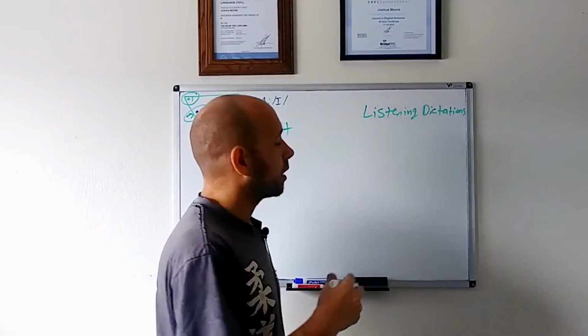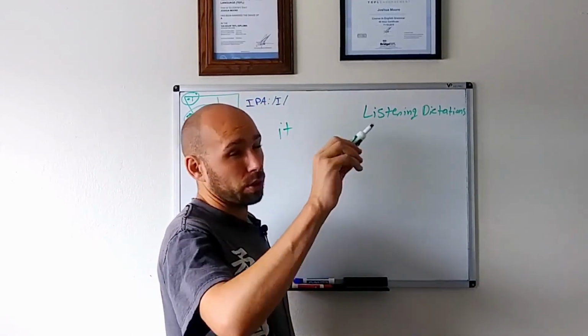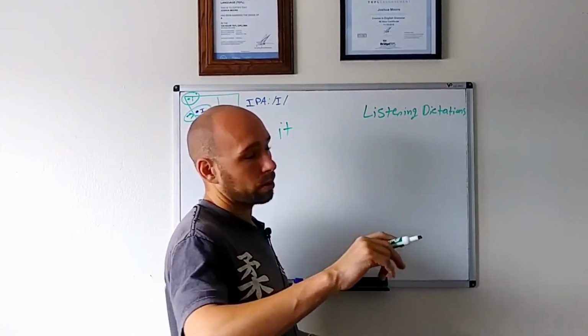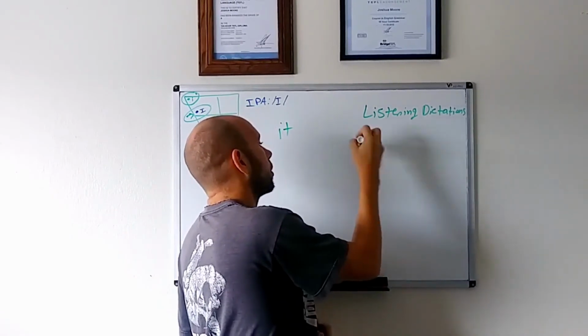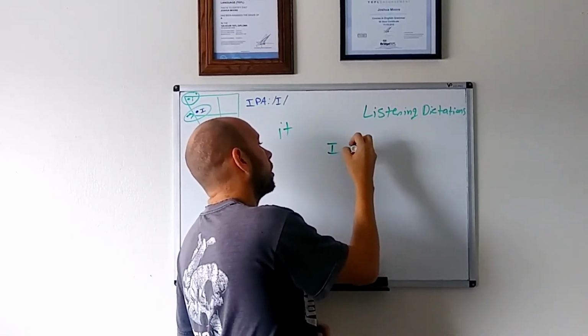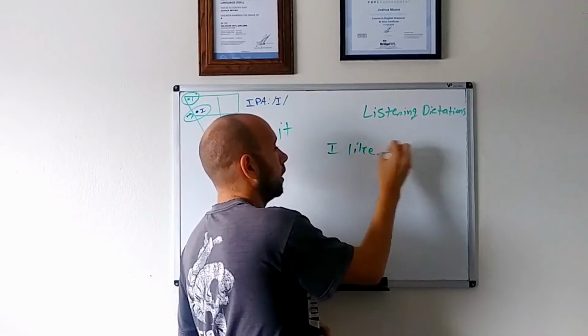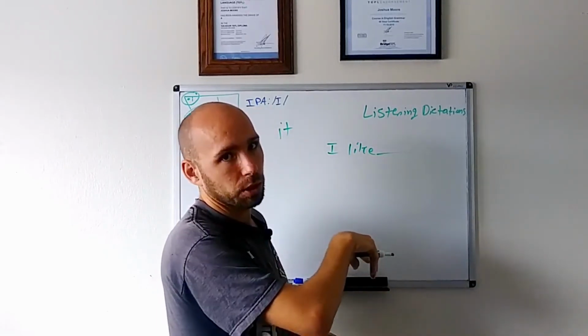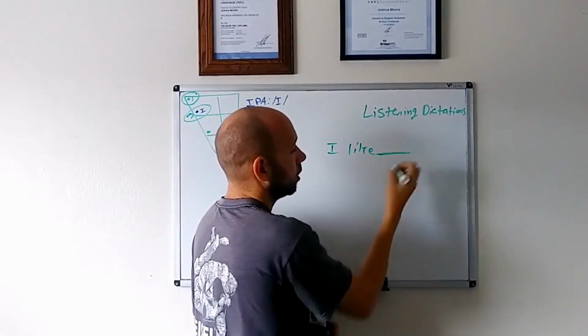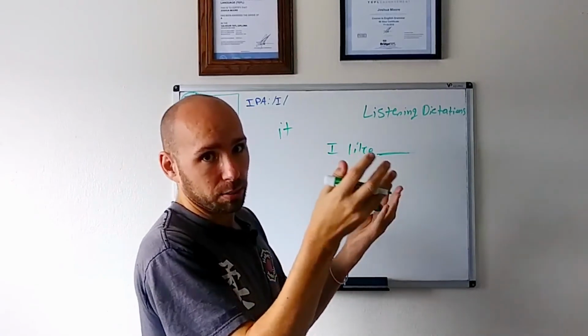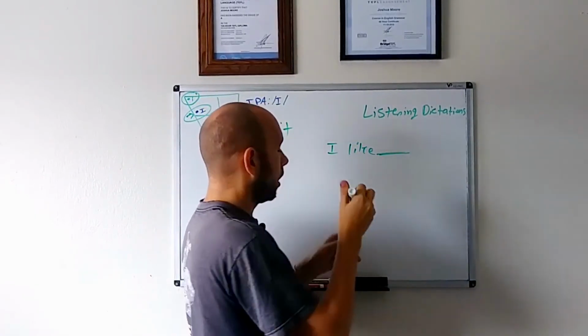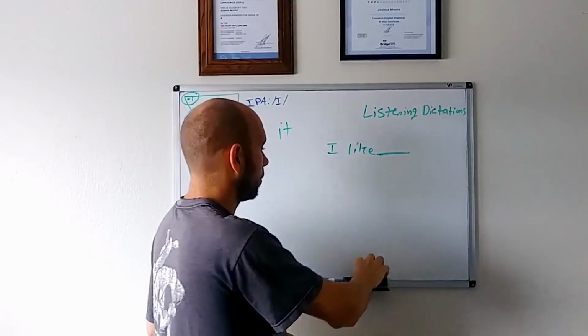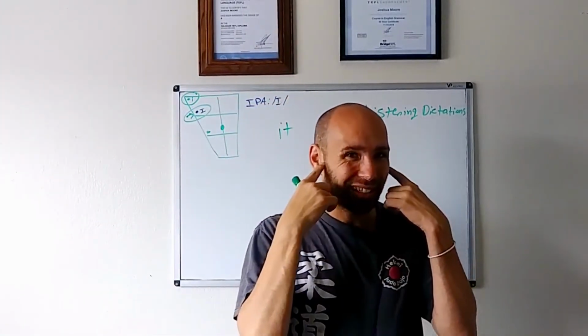One good technique is, let's say you don't understand one or more words somewhere. So for example, you hear I like, and then you don't understand something here. You just put an underline to mark that something is missing, right? That's a really good thing to do. But just really focus on listening, okay?